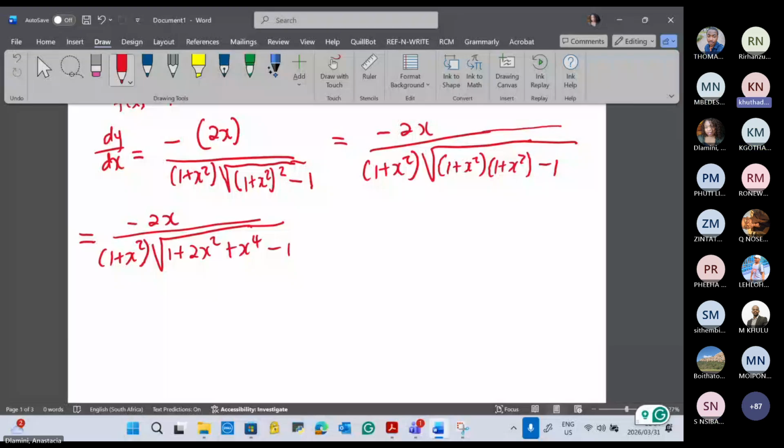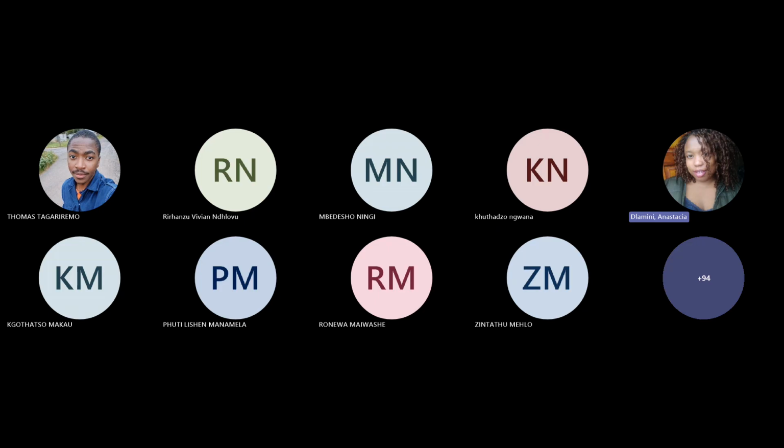We can follow. Okay, if the delay is worse on this one, let me just go back to the previous one then. I think today the network is a bit bad because of the weather. Let's just use this one for today.